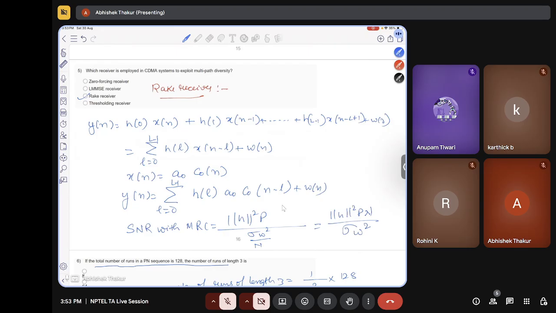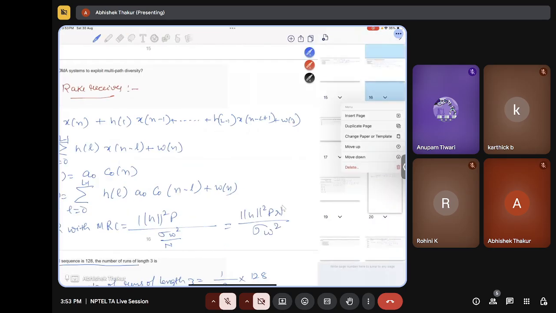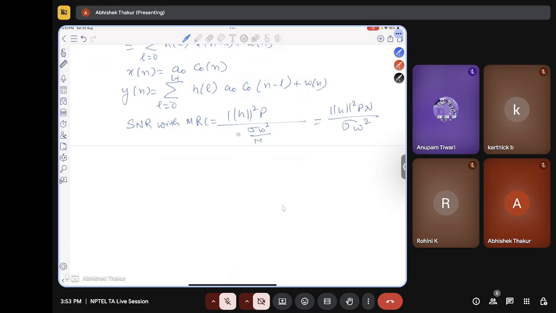And what is MRC? So here optimal processing is done using the maximal ratio combiner. This is given as, let's suppose it is on vector r, then this can be written as h bar Hermitian divided by mod of h bar in the direction of r bar.